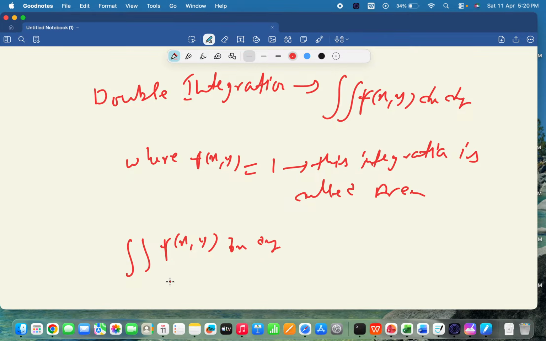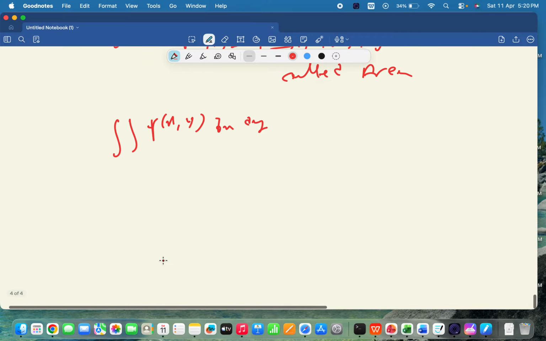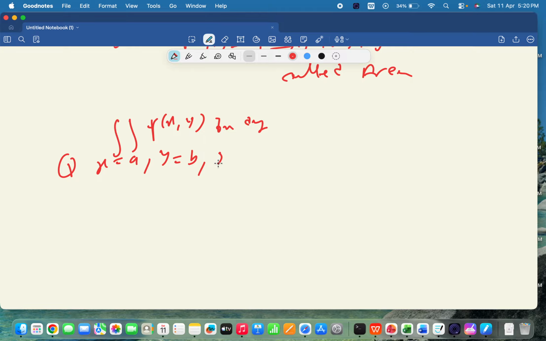Now we have to come to the limit values of f of x comma y dx dy. This limit can be x is equal to a, y is equal to b, some x1 is equal to c, and y1 is equal to d.